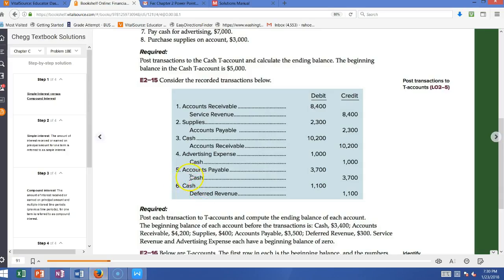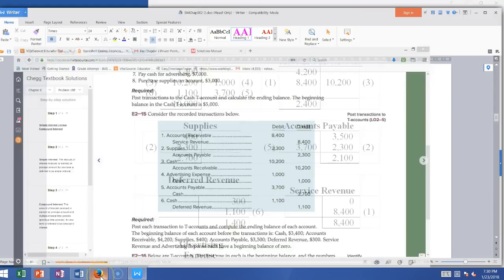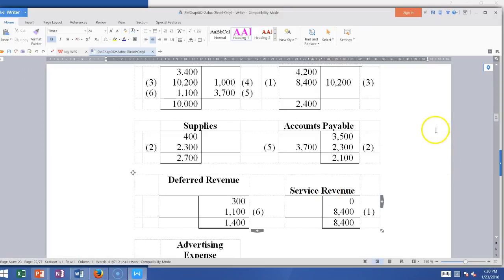Number 6, we debit cash, we credit deferred revenue for $1,100. Why would we have done that? We received money in advance for services we have not yet performed.